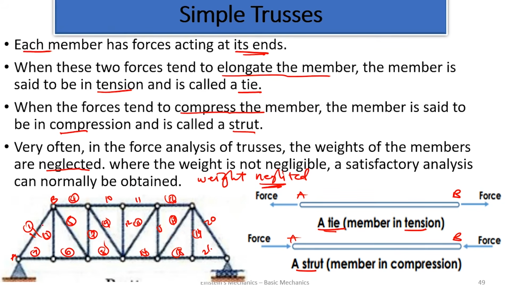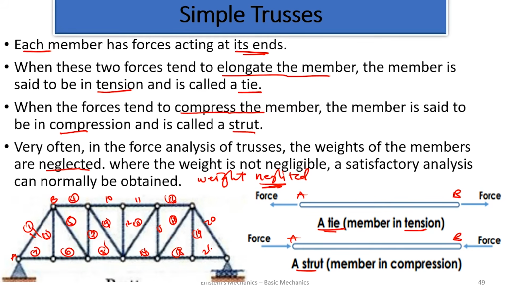For example, we will see how to find the forces in each member. Don't worry about that. But when we get there, as we are making analysis in each member, what we are trying to say is that the weight is not added, because the load this structure is going to carry is heavier than the weight.